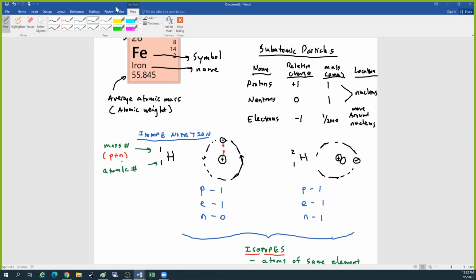And here we already defined the atomic number as just being how many protons there are. So now you can see that if we were to subtract the two numbers in this arrangement, what we'd be left with is just the number of neutrons. In this case 0, in this case 2 minus 1 is 1.